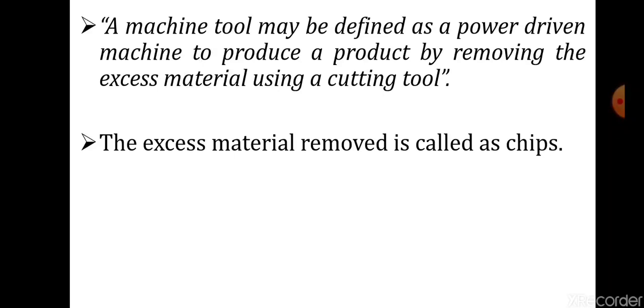Please do not get confused. That chip is different, this chip is different. When we remove any material from the workpiece, the excess material which is thrown off as waste is called a chip as far as manufacturing is concerned.